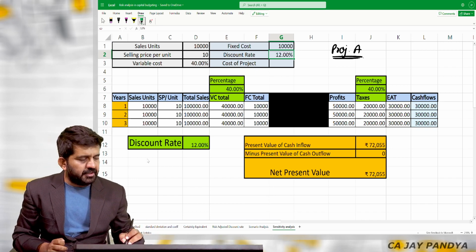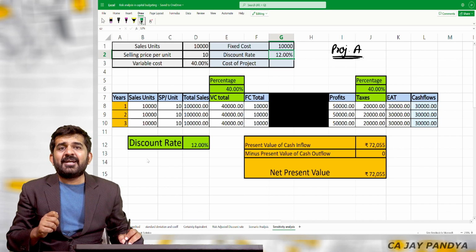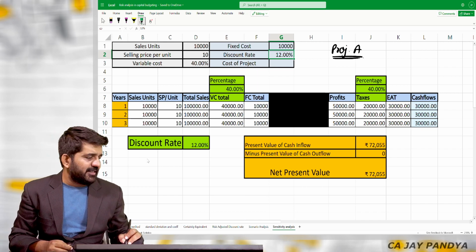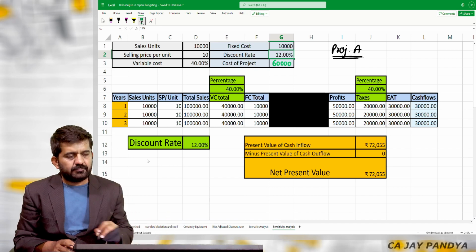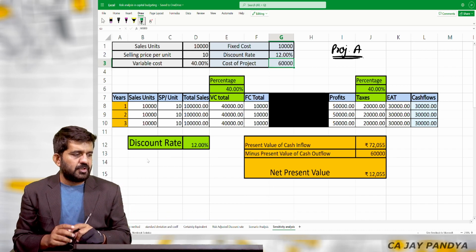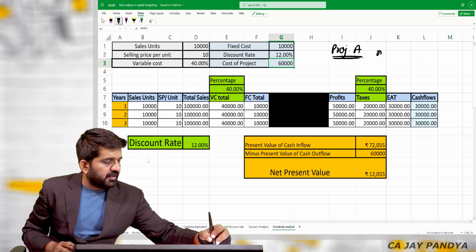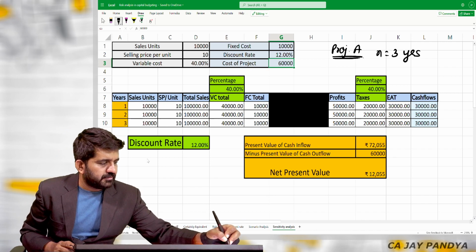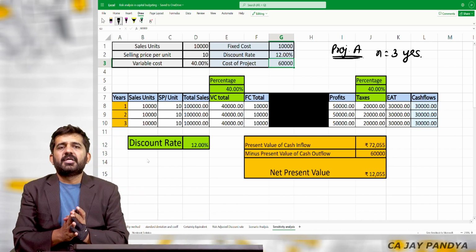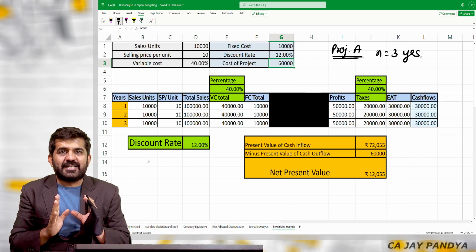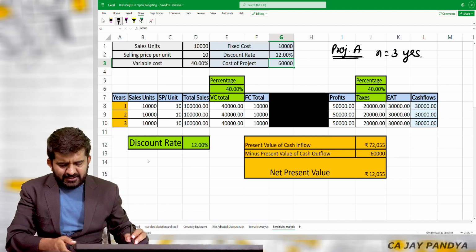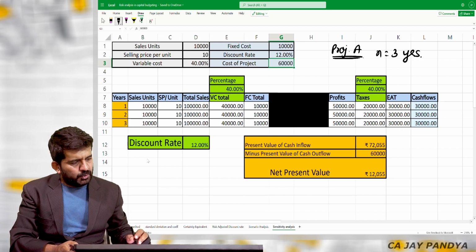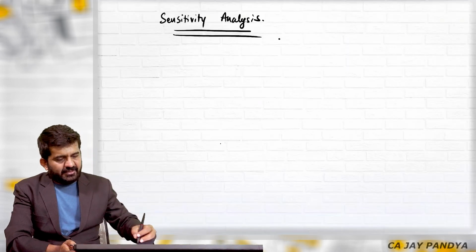Discount rate is 12%. And cost of project is 60,000 rupees. The project will run for 3 years. This is an example. I'll go to sensitivity analysis, right? I am writing this in my PPT also. Sales units are 10,000.